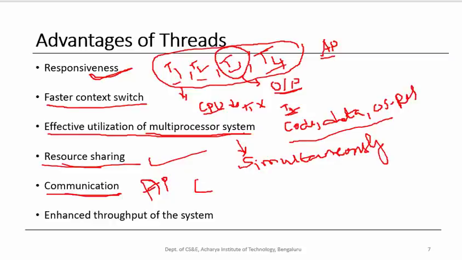A part of the memory or the address space can be used for writing the data which has to be communicated to some other thread, or the thread can read the data from this shared area.